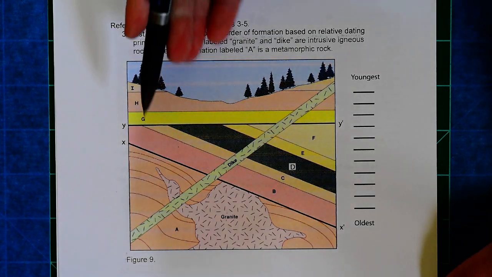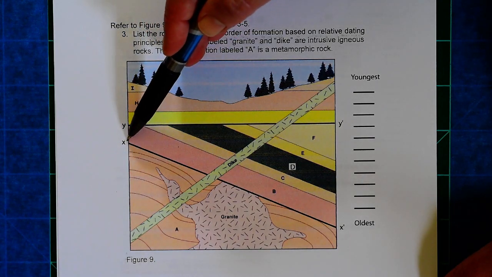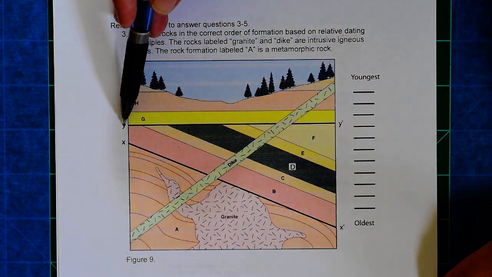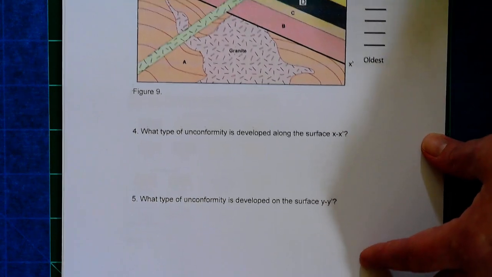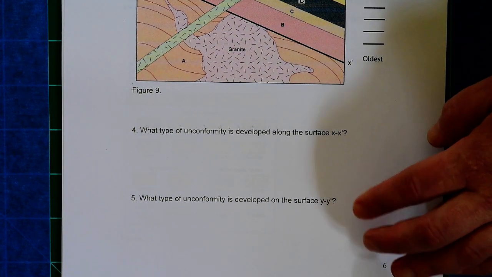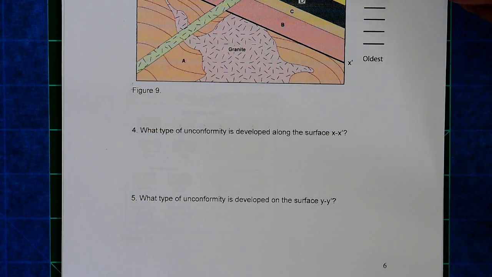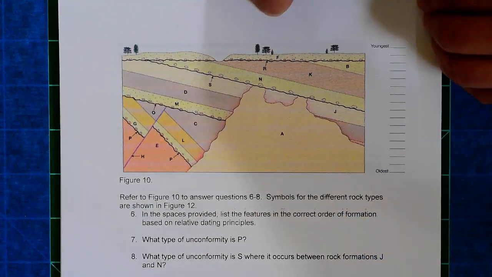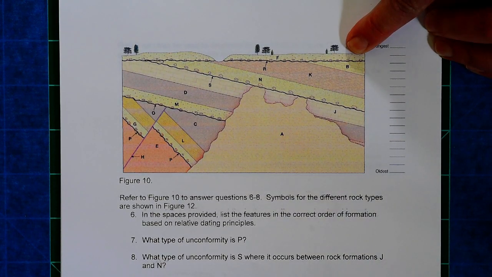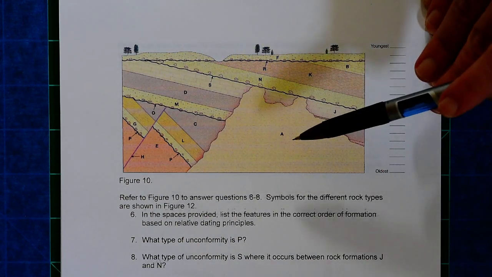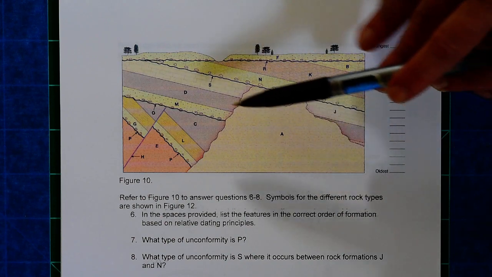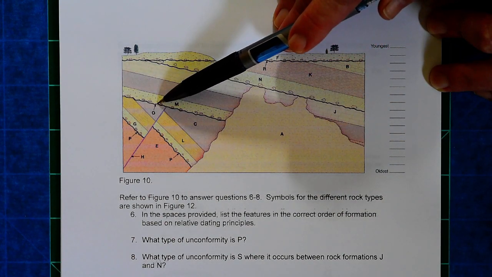Now you'll also see in this cross section we have this darker line, x to x prime and y to y prime. Those are unconformities. And for questions 4 and 5, you will have to figure out what kind of unconformity those are. You will also have a little bit more complex one of these cross sections right here. Now in this one, you are not just figuring out the order that the rocks went in, but you have to also add in when things like unconformities, right?